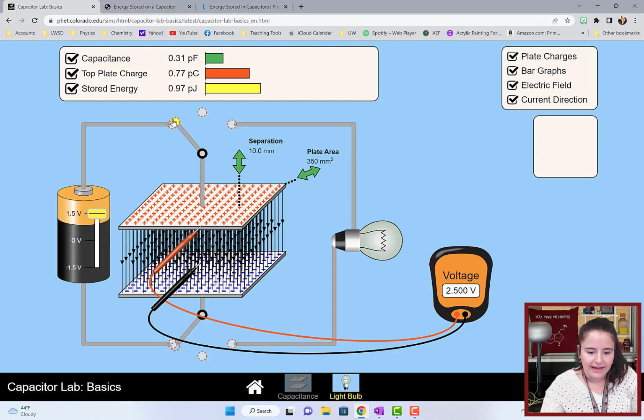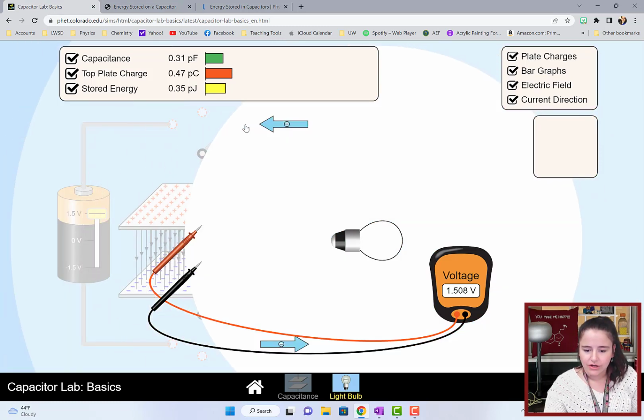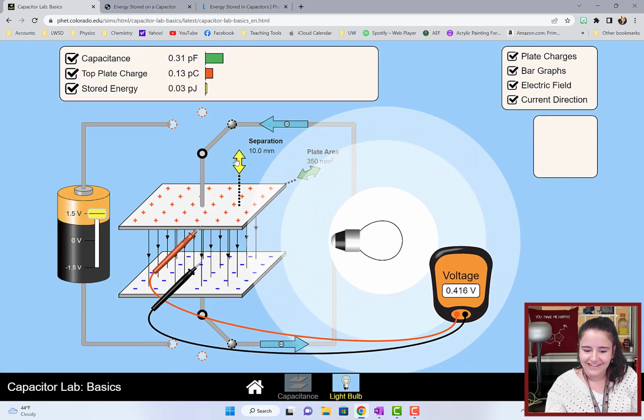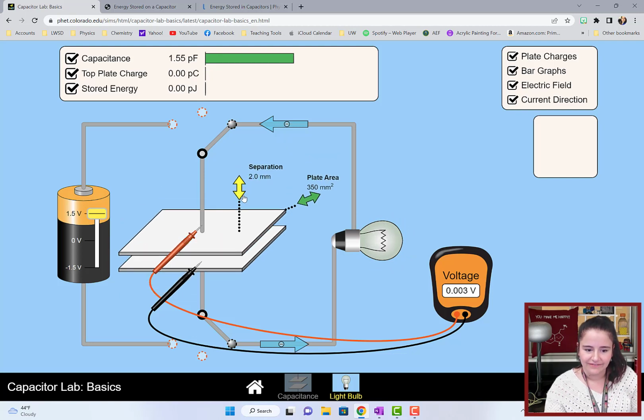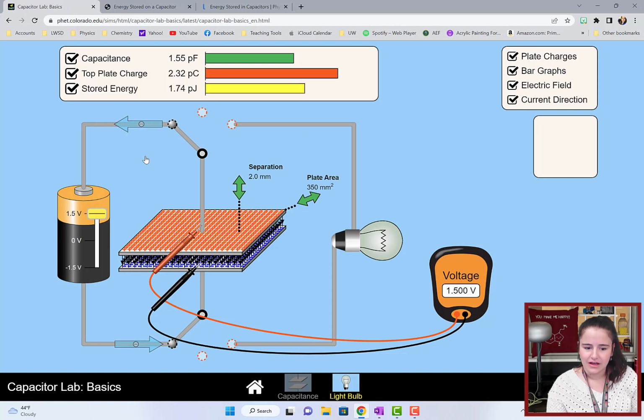So let's go ahead and discharge it real quick. And then we'll go ahead and start with our plates close together, so we can kind of visualize this. We have that high capacitance. Okay, we'll apply that voltage, put all that charge on there, and now disconnect the switch, open that circuit, and separate the plates.